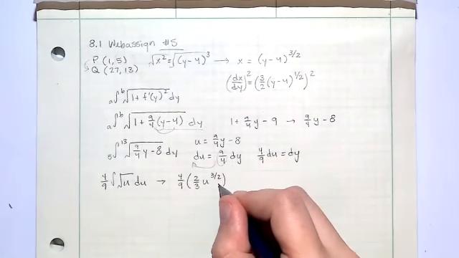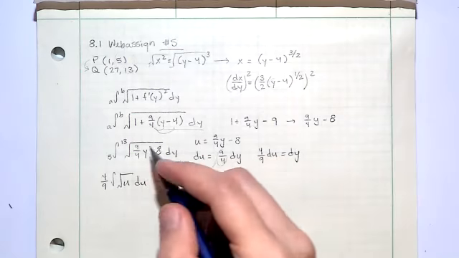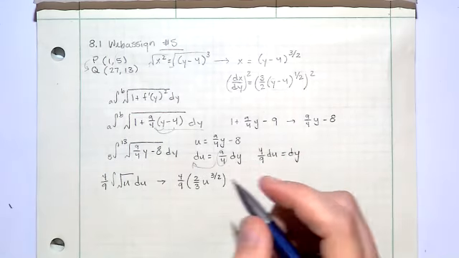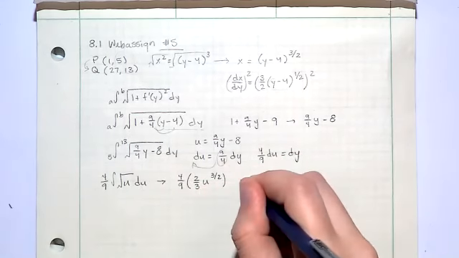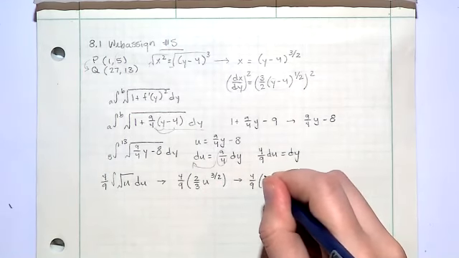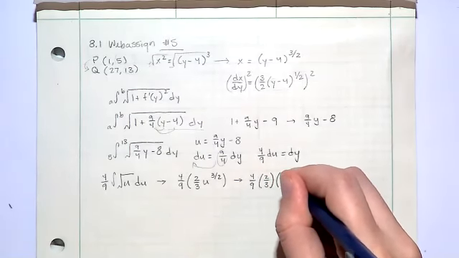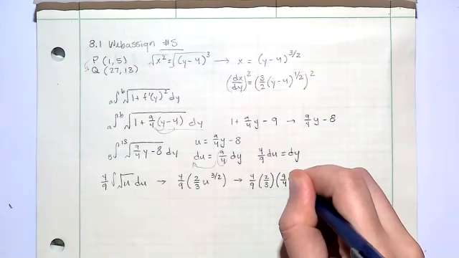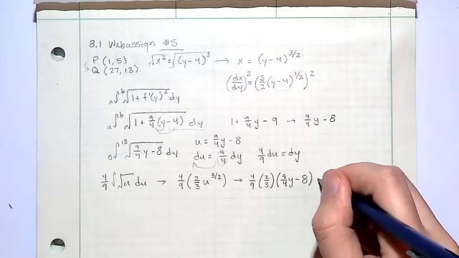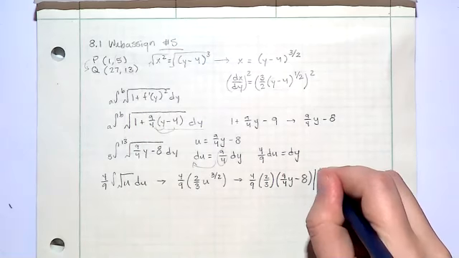And so when we switch that back to y, we can then also move our bounds to the opposite side to then evaluate, so that we get 4/9 times 2/3 times (9/4 y minus 8), and that'll be from 5 to 13.